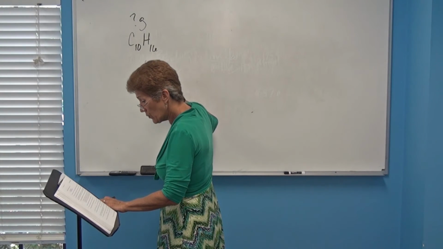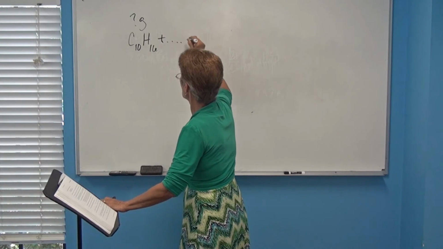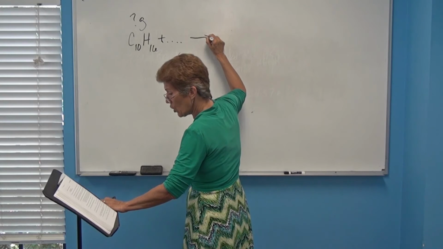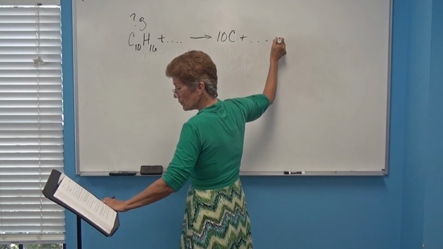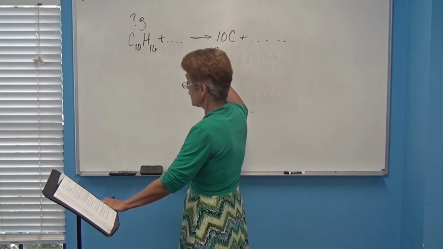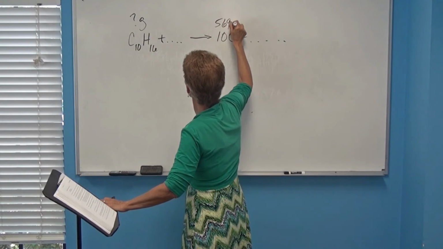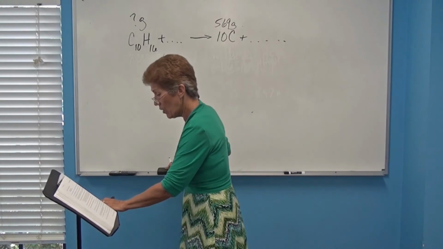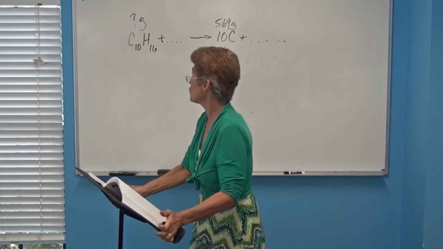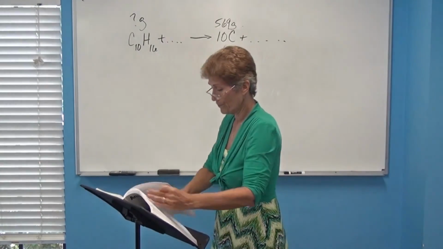So we go plus, dot, dot, dot, and the other thing that's given to us is carbon, which is 10 carbon. That has a 1, that has a 10, and we are given 569 grams of carbon. How many grams of turpentine are consumed? So that is our given and our get to.